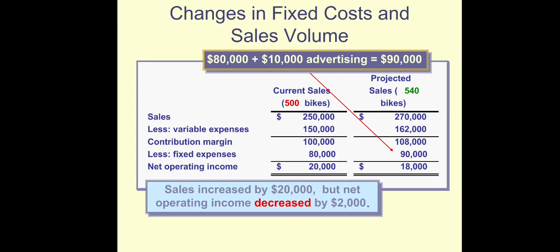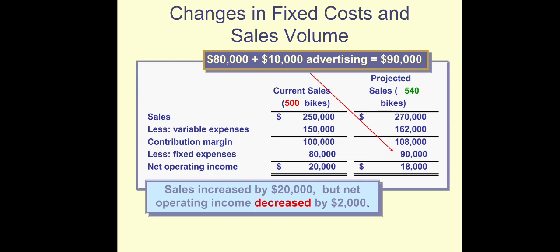In the second column, you can see the current sales, or the income statement before the suggestion. Sales is 250,000, variable expenses 150,000, contribution margin 100,000, fixed expenses $80,000, and the profit is $20,000.